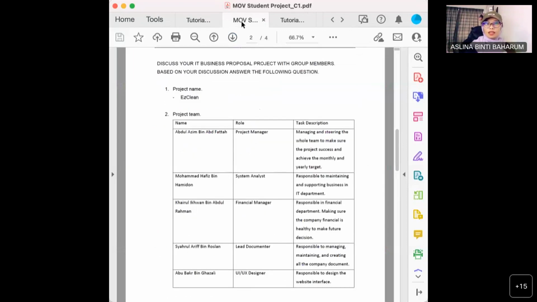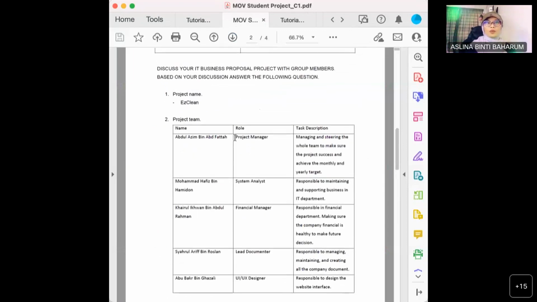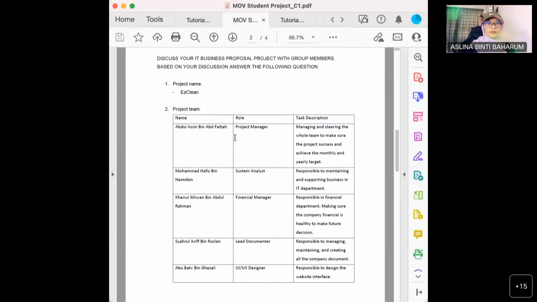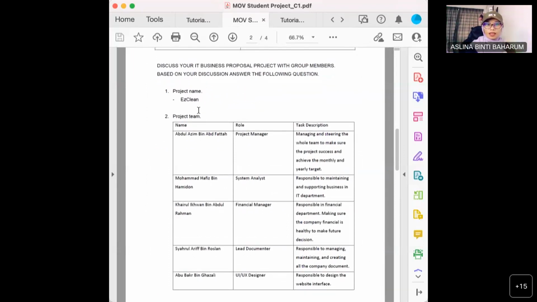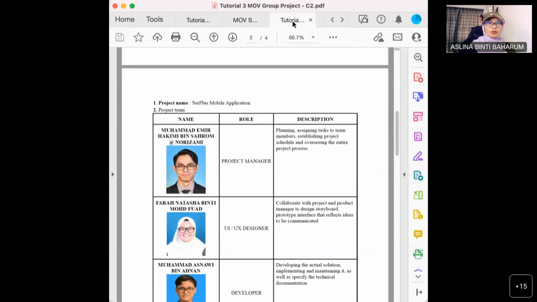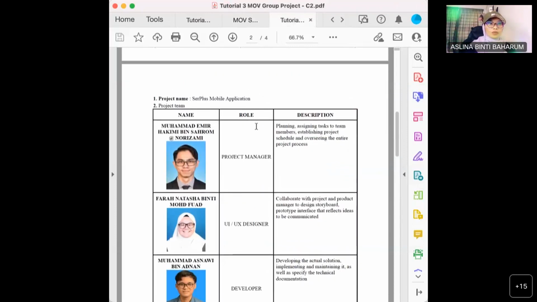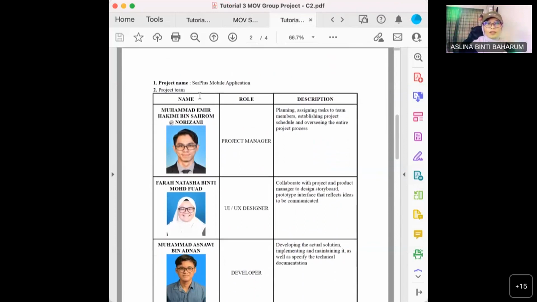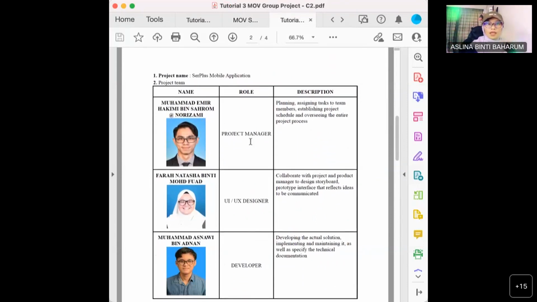And remember in MOV, you have already proposed your project. For group C1, you proposed Easy Clean. Can do, but make sure you add an IoT system inside Easy Clean. For group C2, Emir Hakimi and the team, your project title is Surplus mobile application. Make sure there is an IoT system inside it.